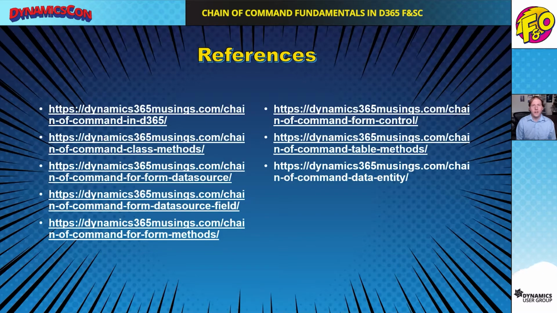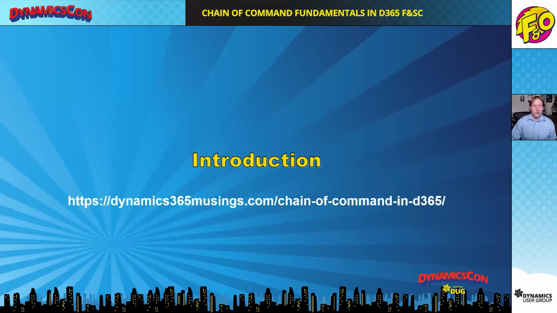I've actually written different articles and YouTube videos on a lot of these different topics, specifically how to use chain of command on these different objects, along with examples and example code where you can copy those values. So please feel free to check those out and use this as a great reference guide as you're doing your own development. This first introduction is the URL and blog article if you want to follow along on what we're talking about first, and each section I'll have a similar URL.